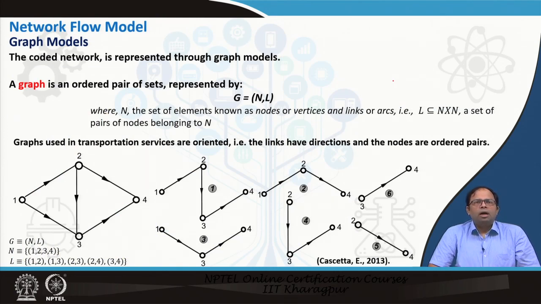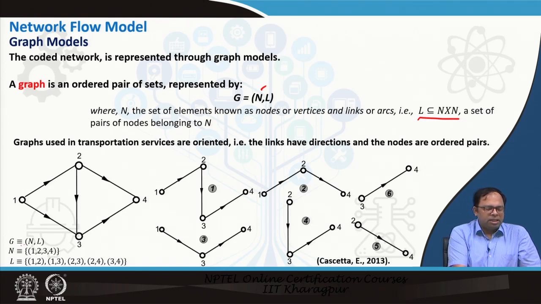So, when we do graph models, the network could be represented in graphs, and the coded network could be represented through these graph models. A graph is an ordered pair of sets represented by G equal to (N, L), where N is the set of elements known as nodes or vertices, and L is a set of links or arcs, where L is a subset of N x N. So, N x N is the number of total possible links, and this is a set of pairs of nodes belonging to N. So, this is how we represent the entire network.